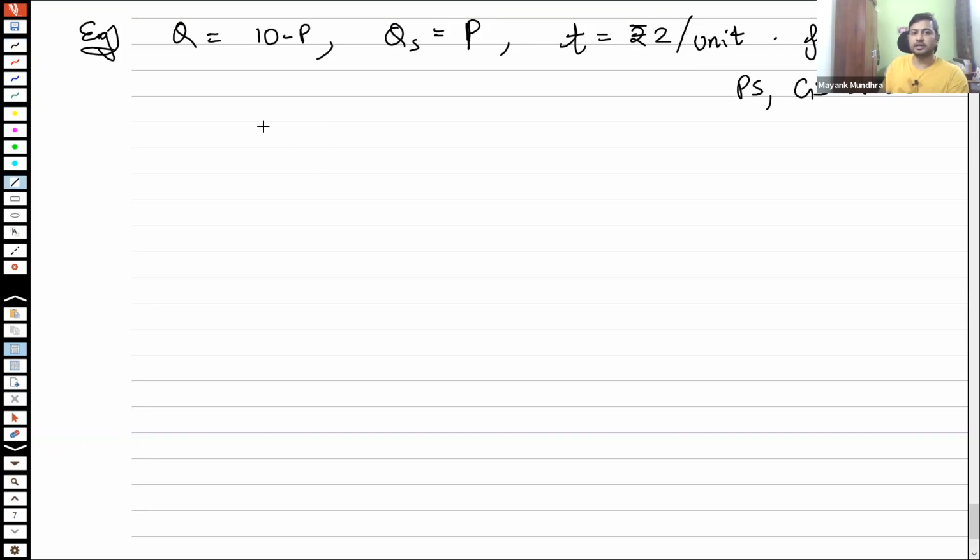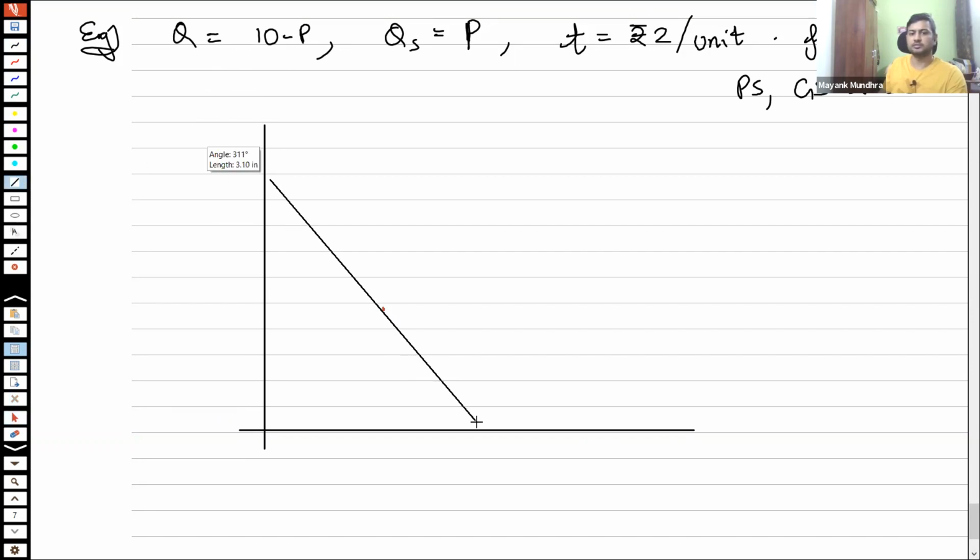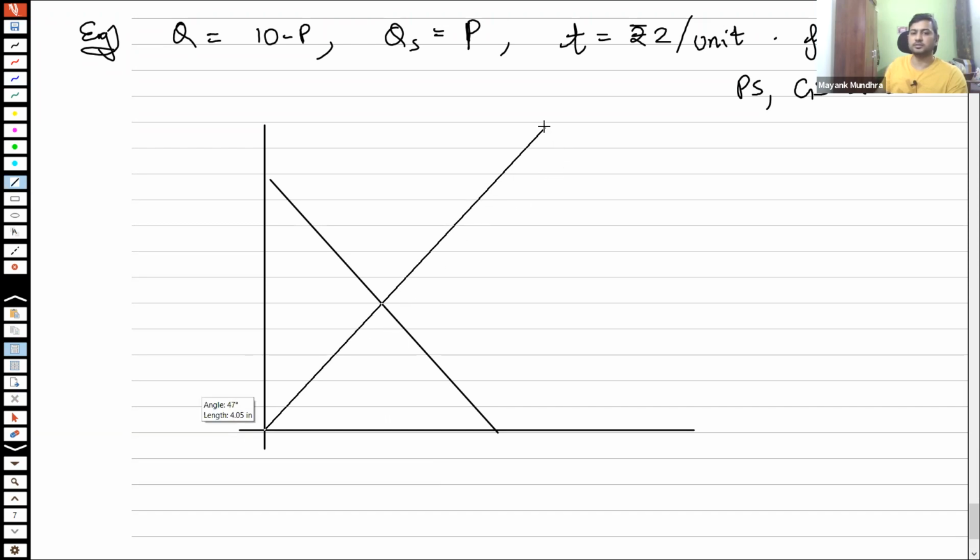So in a question like this, always draw some representative figures. You need not draw correct figures, but representative figures will do. So 10 minus P is going to be a 45-degree line downwards. It will look like this. Supply function is a 45-degree line upwards, so it will look like this. So this is quantity demanded, this is quantity supplied, this is price.